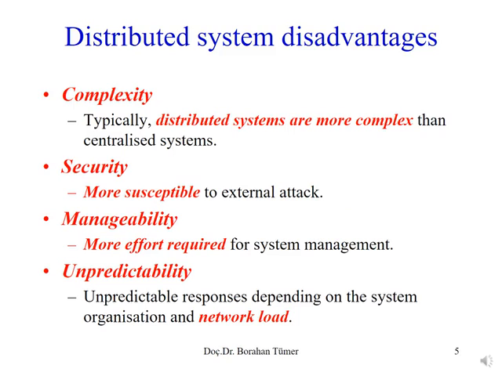Distributed system disadvantages are complexity, security, manageability, and unpredictability. The distributed systems are more complex than centralized systems because there are a number of processors on which there is a multiple number of processes that run, and there is a middleware, there is a network on which the communication of these processes is based upon.